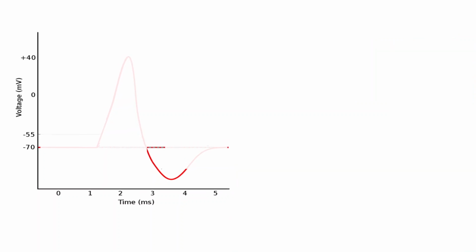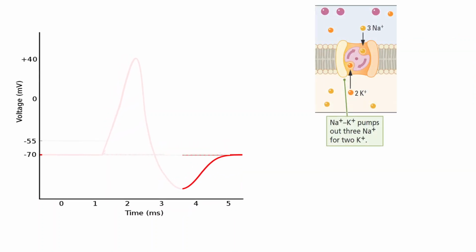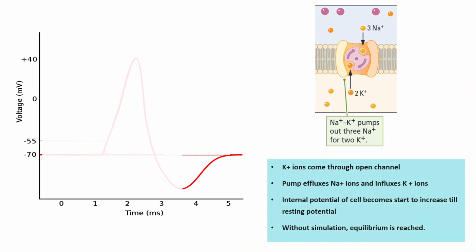Cool. And now we enter the state of depolarization again. But in this case, it's more of a state of attaining homeostasis. There is no stimulus. The cell is automatically trying to achieve its resting potential. And how does it do that? The pump plays the major role. Basically, the pump throws out the positive Na plus ions outside the cell and allows the entry of 2 K plus ions.